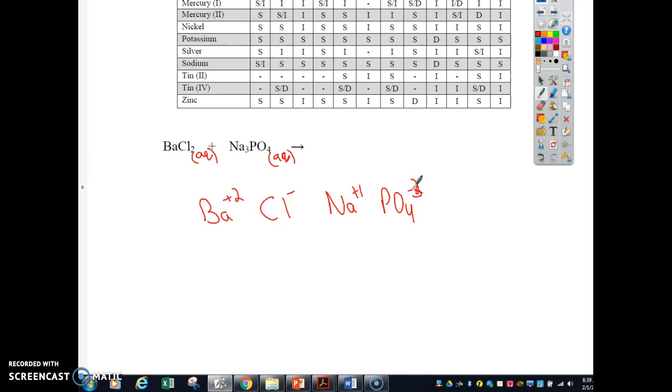Now, for a reaction like this to occur, we know that the cations from one compound are going to form a product with the anions from another one. But really, for that to happen, one of the products is going to have to be insoluble. So what we want to look at is barium reacting with phosphate.